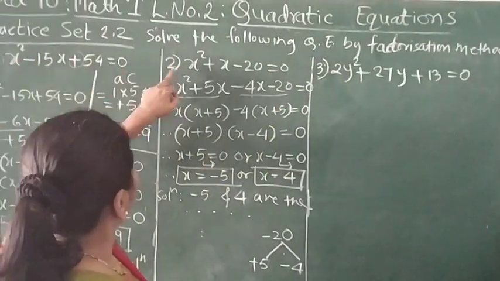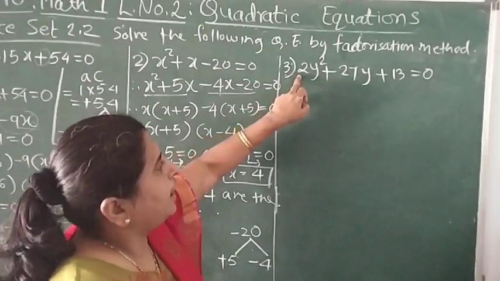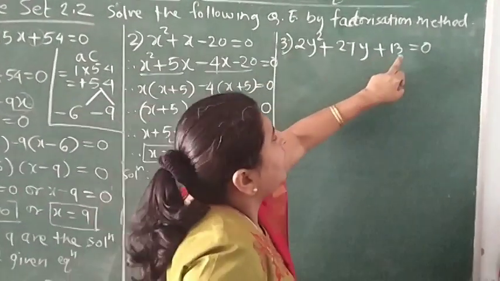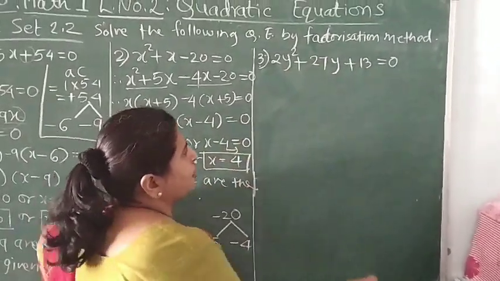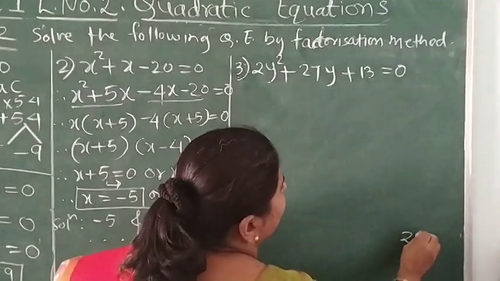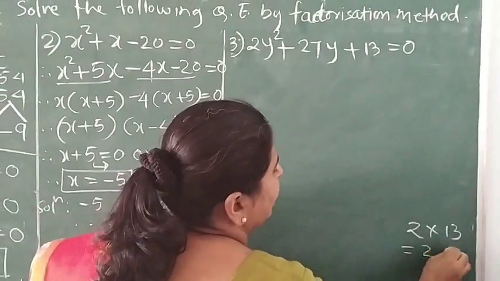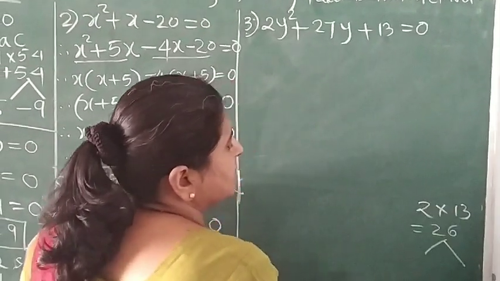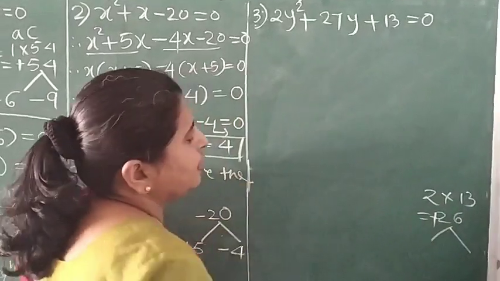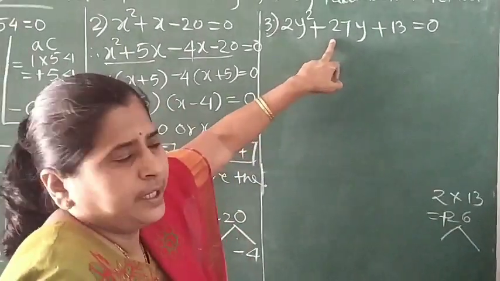When the value of a is other than 1, you have to take the factors of not only this, but the factors of a into c. Now you have to multiply this 2 into 13. Both are plus, so 13 twos are 26. So you have to take factors of 26, the product, such that the sign is positive. Addition of these factors should be equal to 27.